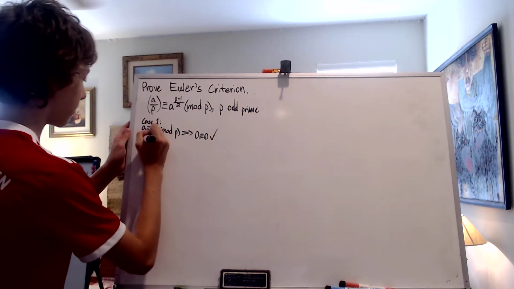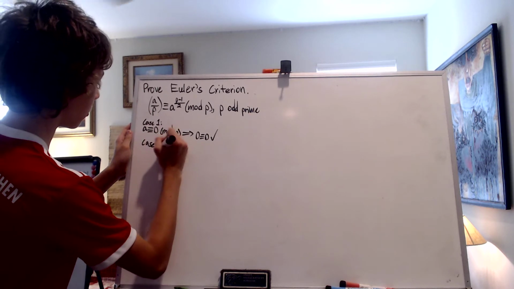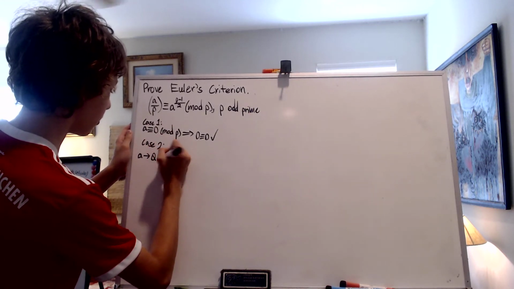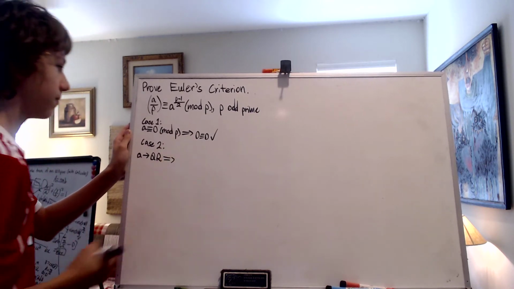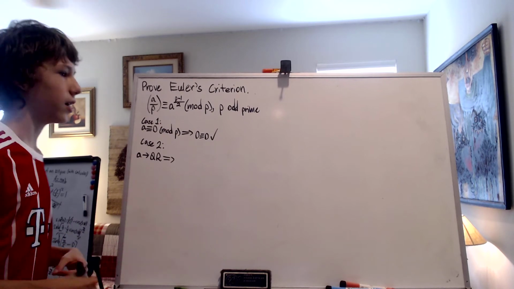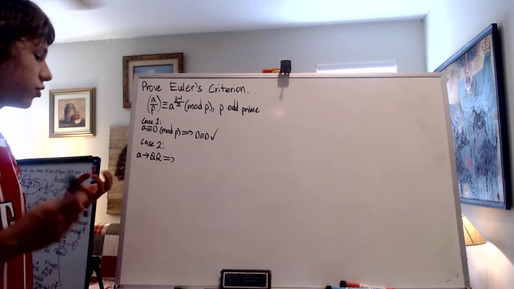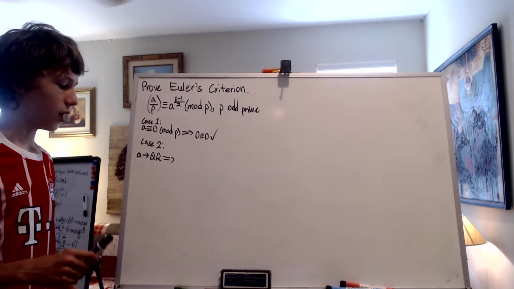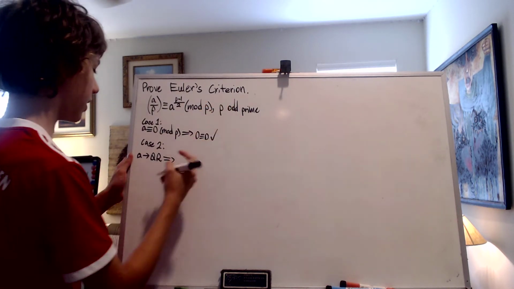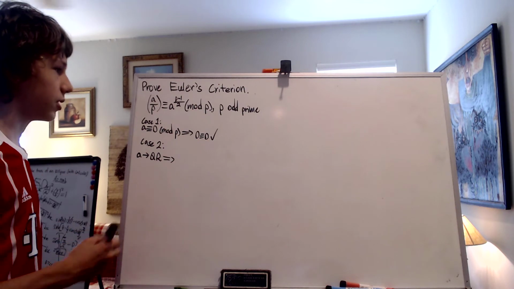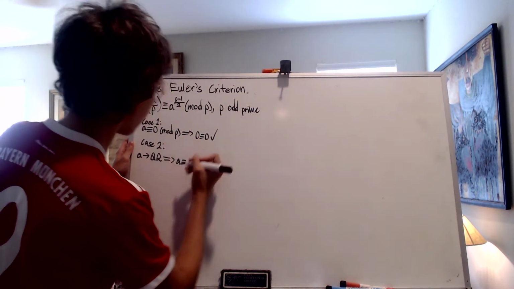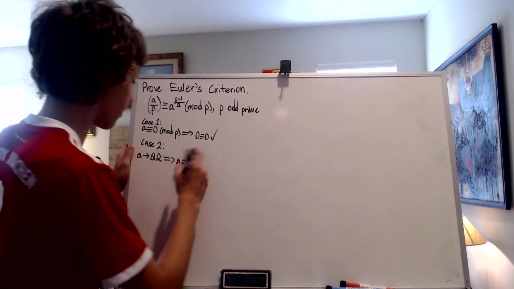Okay, so case 2. A is a quadratic residue. Let's look at that case. So when a is a quadratic residue, notice that by our previous video, which you should watch if you have not yet learned about quadratic residues, if we note that g is some primitive root mod p, we can write a as being congruent to an even power of the primitive root g.